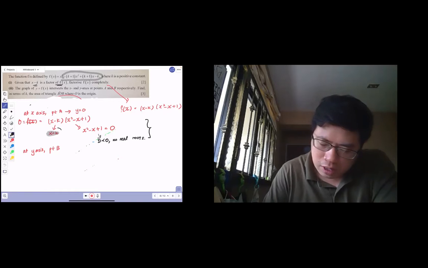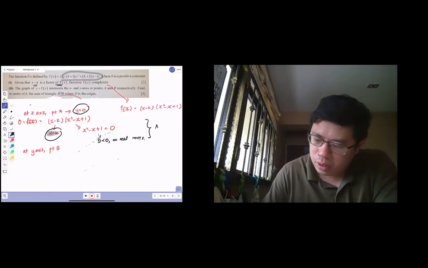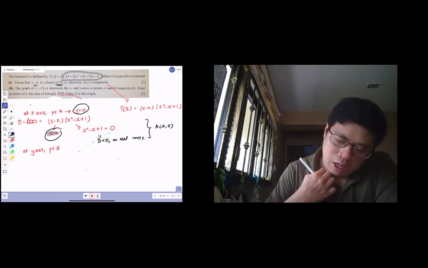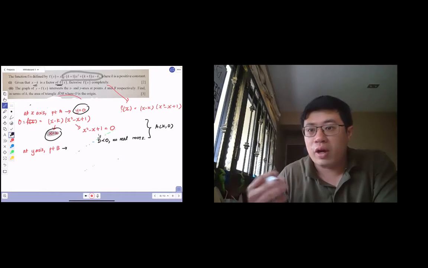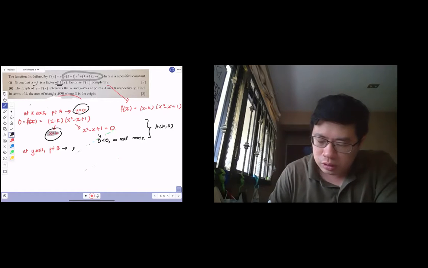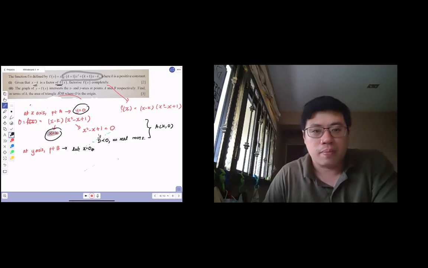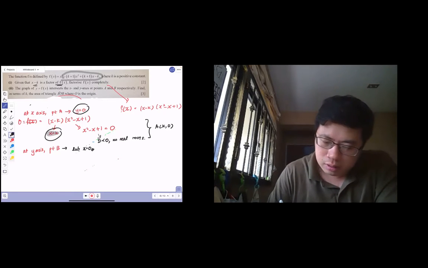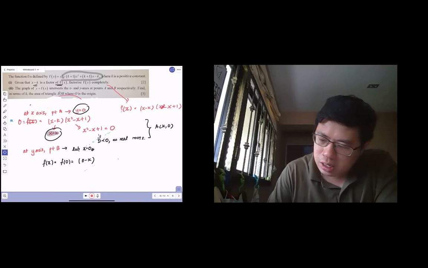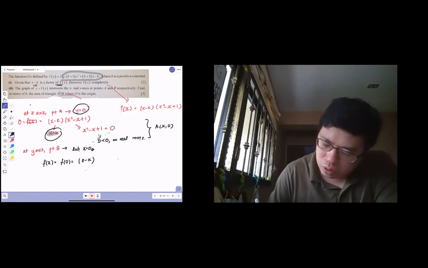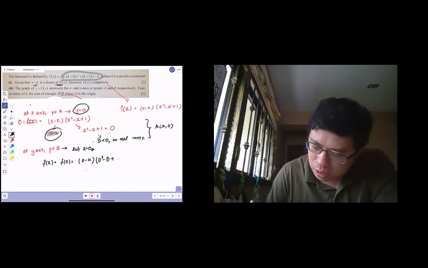Which means that if x equals k, y equals 0, your point A is just (k, 0). At the y-axis, to find point B, the y-intercept, you sub x equals 0, because on the y-axis all the x coordinates are 0. Then f(x) is basically f(0). So you sub, x minus k will be 0 minus k, times 0 squared minus 0 plus 1.